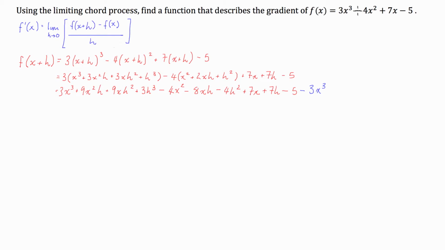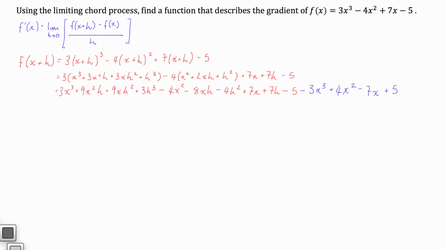Now it's minus 4x squared, so if we minus a minus we get a plus 4x squared. Then we minus away the 7x, and we have a minus 5 here, so we plus 5.